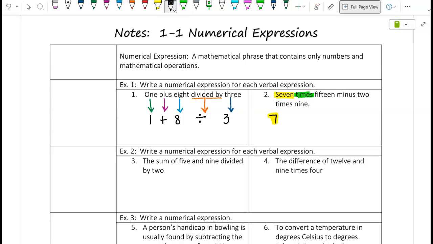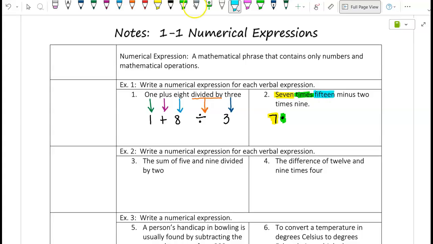Now, I am going to use a dot. I am not going to use an X because we're already at the point where we're using variables in math, and X is a very common variable that we use in math. So we don't want to use that for multiplication. We want to make sure there are other ways we can show multiplication, and we will talk about that today.